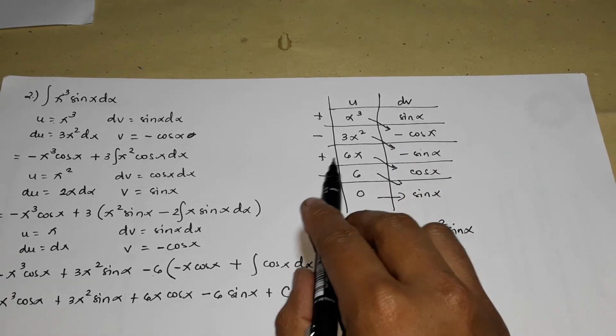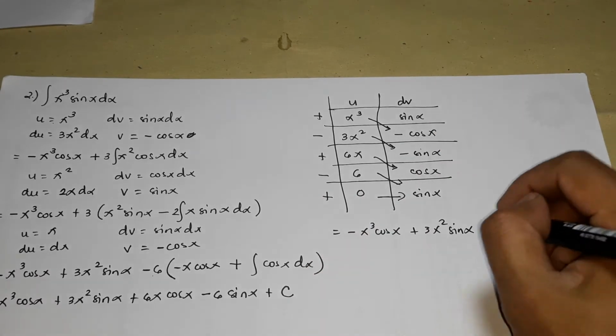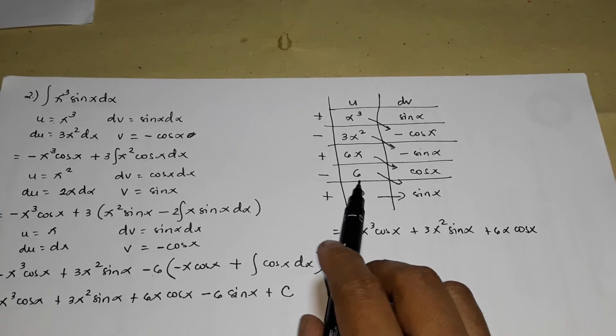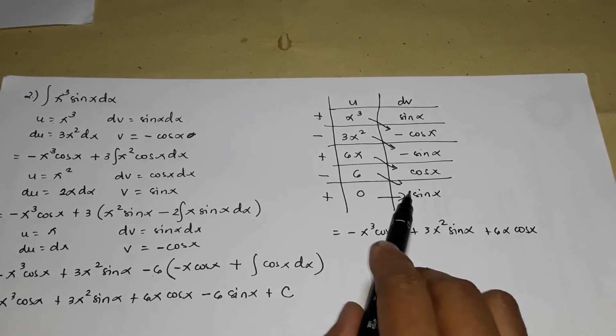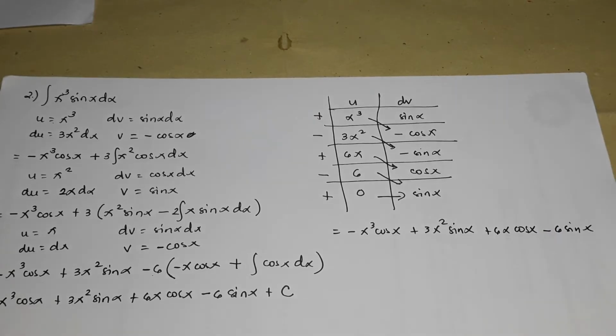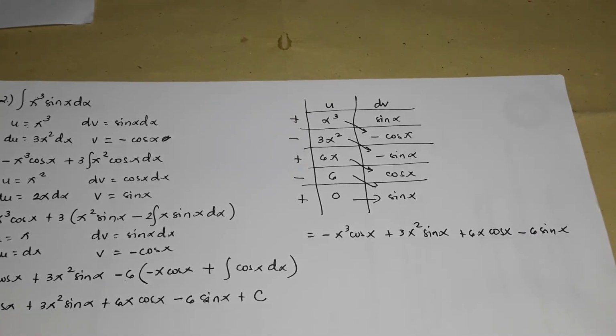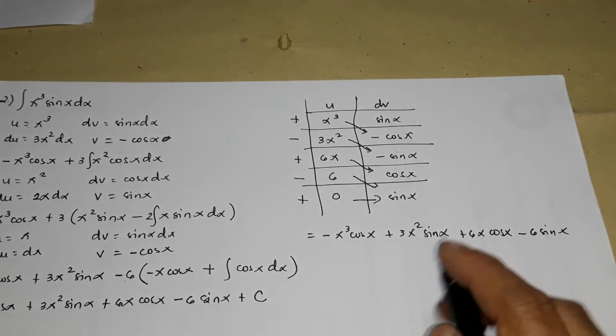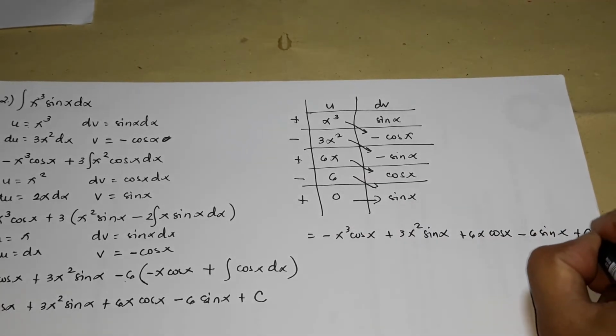And then positive 6x times cosine x is positive 6x cosine x. And then negative 6 times sine x is negative 6 sine x. And then you have 0 times sine x is 0. Then the integral of 0, you can now add the constant.